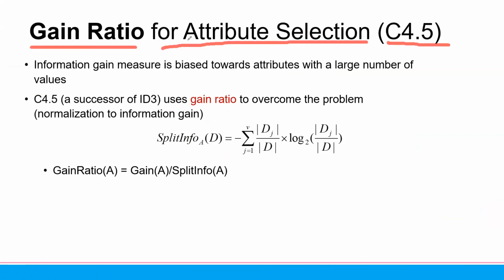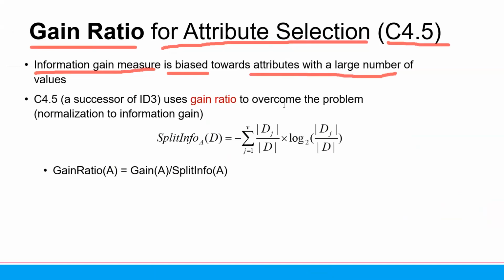This gain ratio addresses that the information gain we learned before is biased. Bias means we still have some not-good results when the attributes have a large number of values.